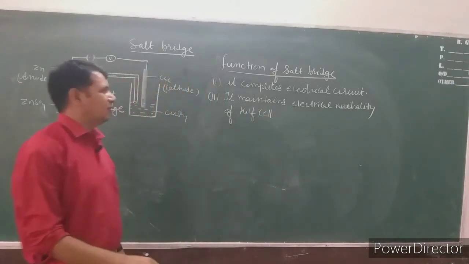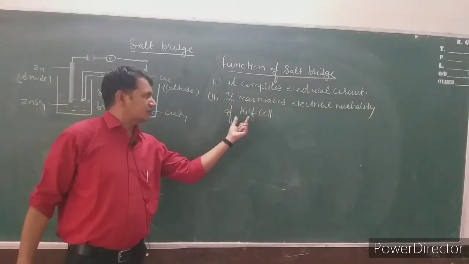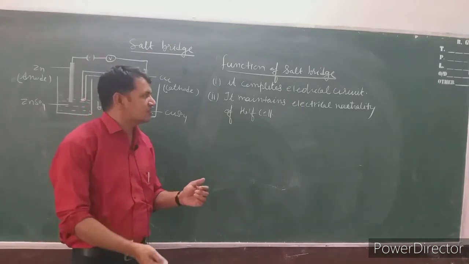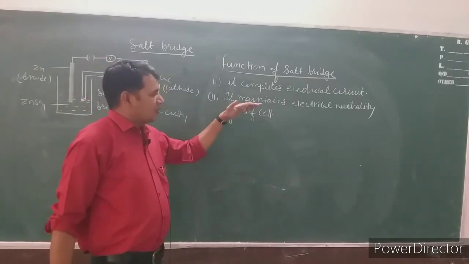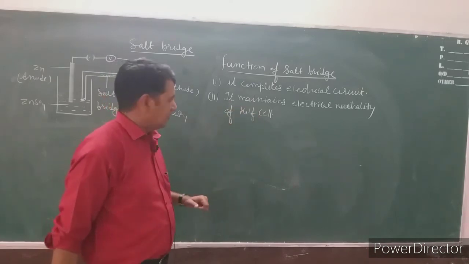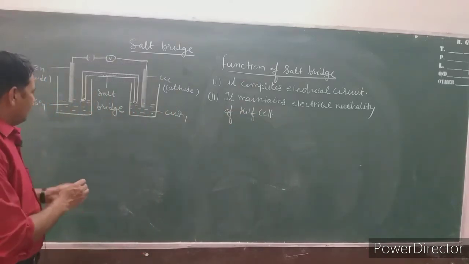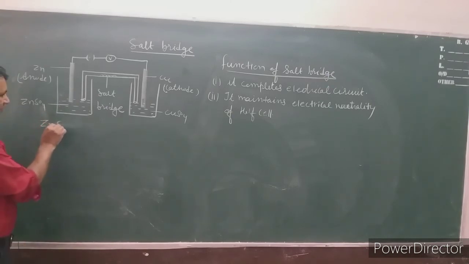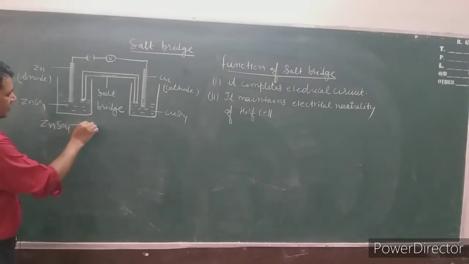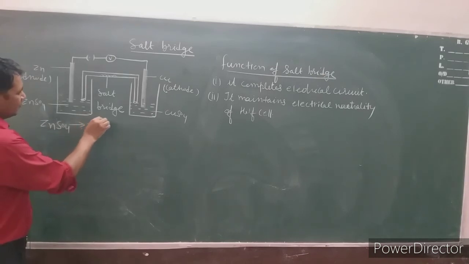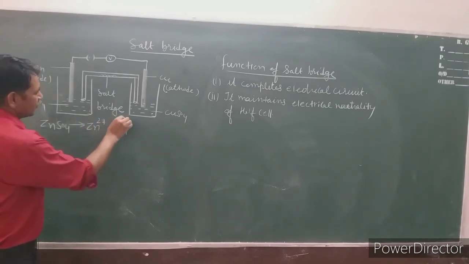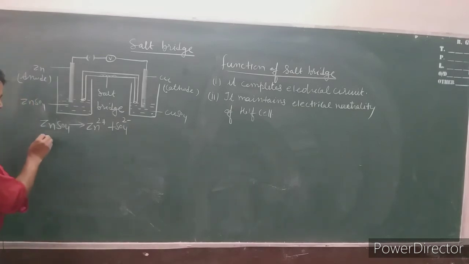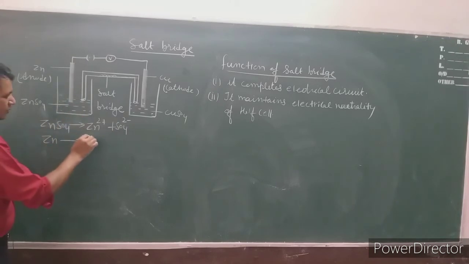Now, this is a very important point. It maintains electrical neutrality of the half cell. Electrical neutrality means the positive and negative charge must be equal. Now look here. In the first case, zinc sulfate is there, and zinc sulfate converts into Zn2+ along with SO4 2- ion, and further zinc atom of the electrode also converts into Zn2+ ion.